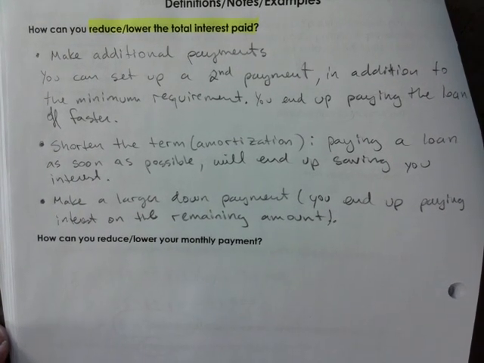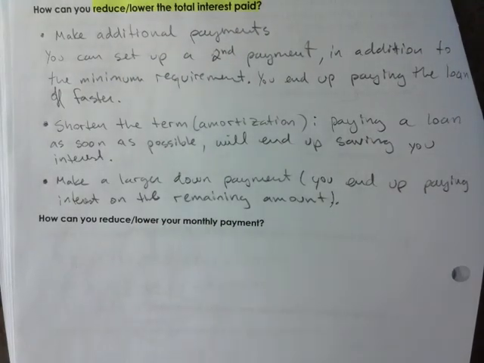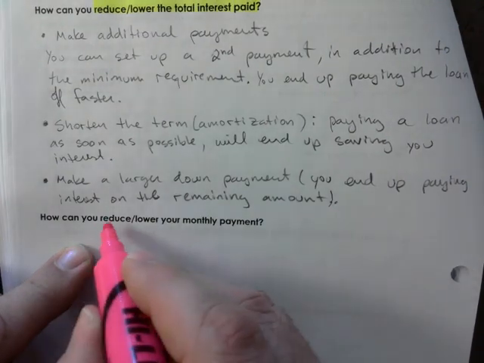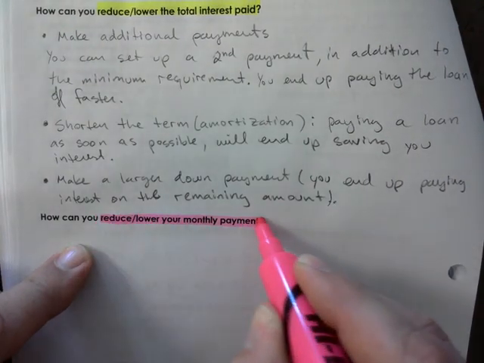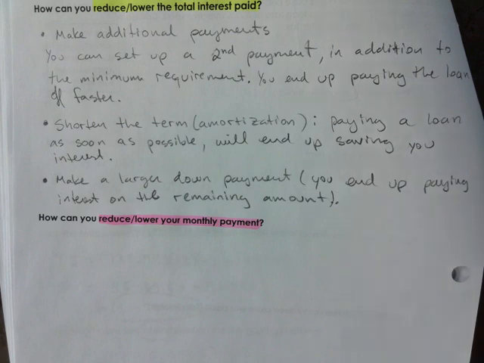All right. So now I'm going to use a different color. How can you reduce or lower your monthly payment? If you want a lower monthly payment, this has nothing to do with interest, just less payment. You're just looking at your budget, and you're like, I can't make $500 a month.